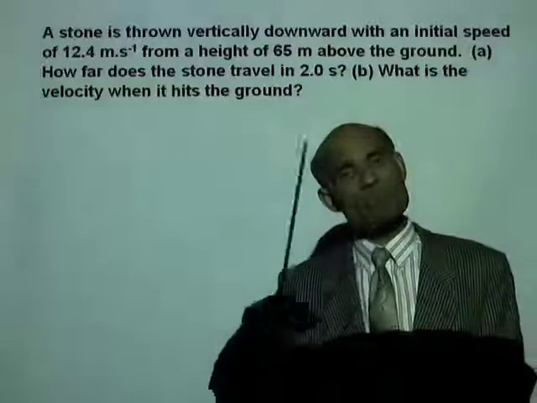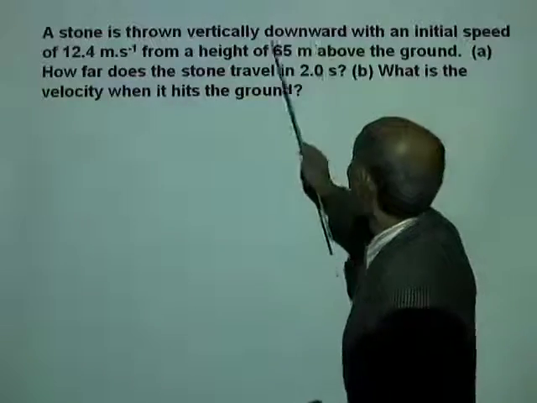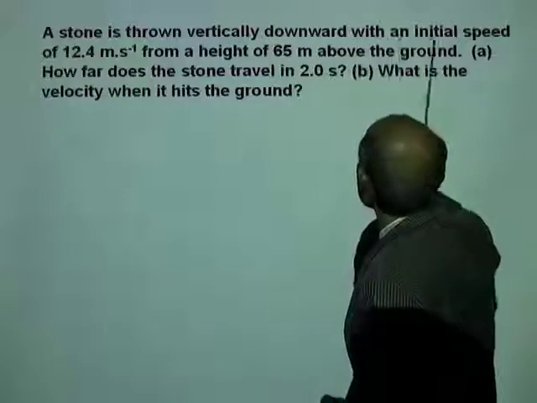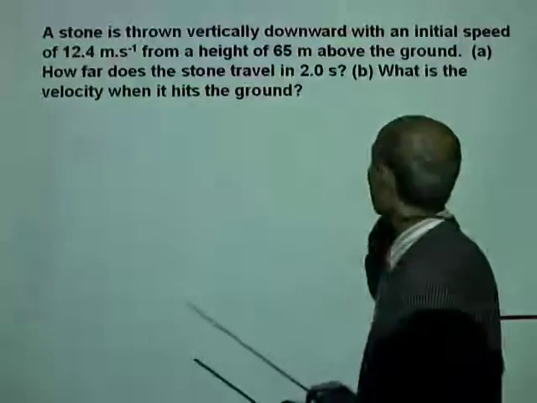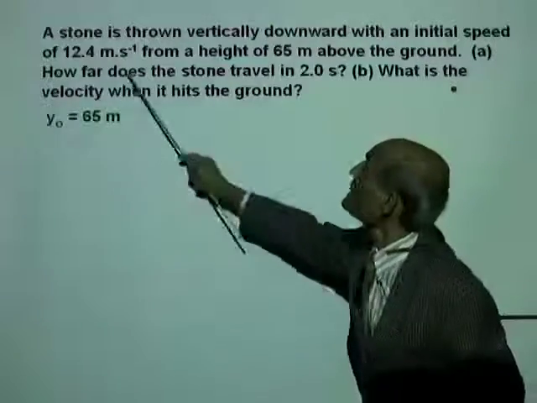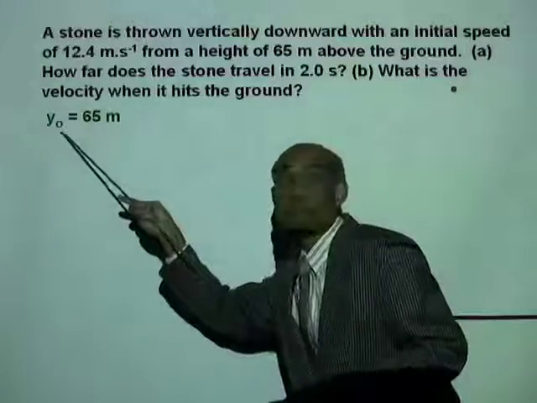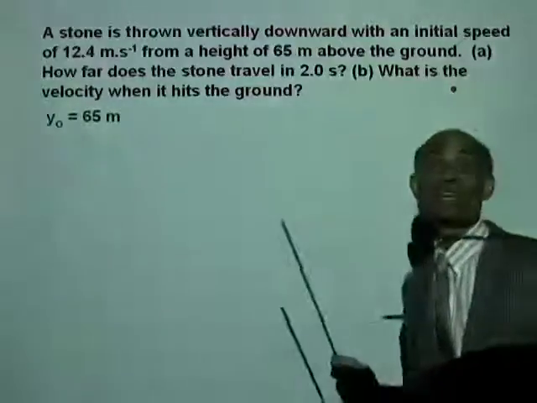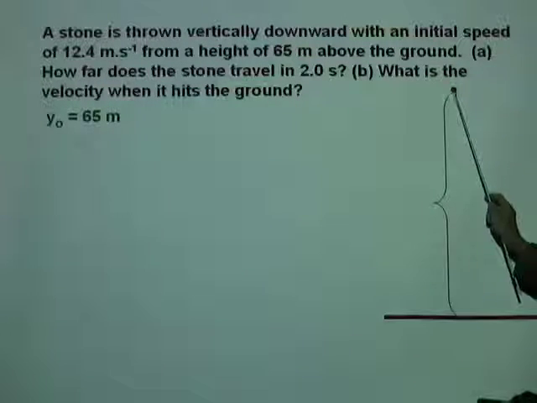Okay, can you help me pick the data? It's not very difficult. A stone is thrown vertically down with an initial speed v0 equal to 12.4 meters per second from this position. y0 is 65 meters. This is where it is going to be thrown from.